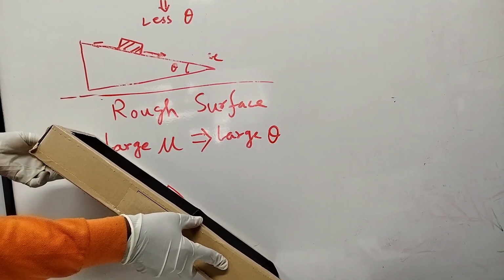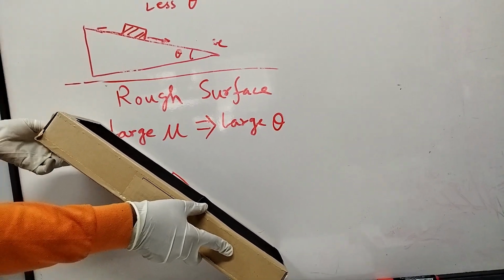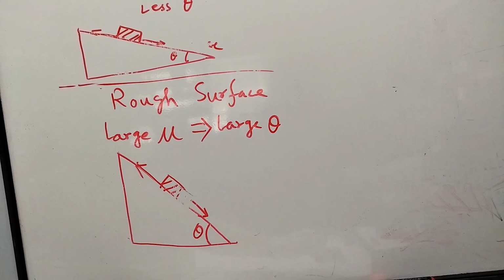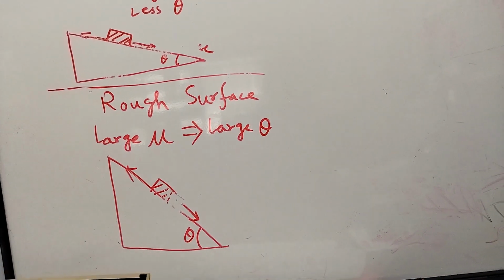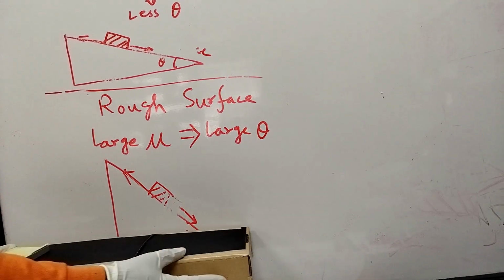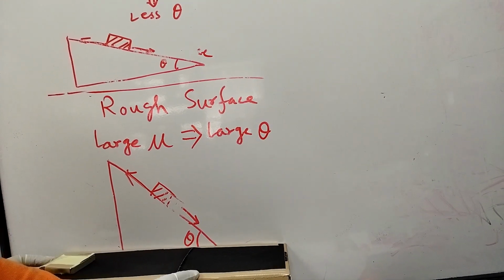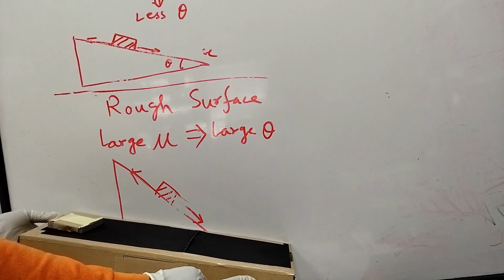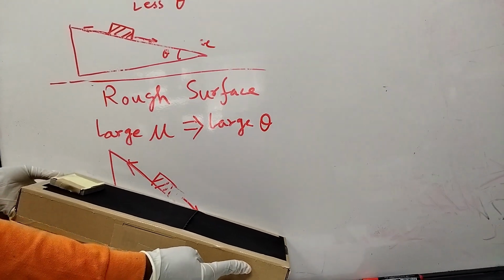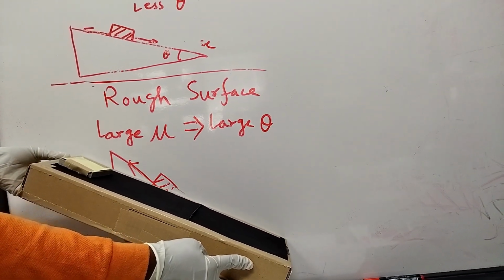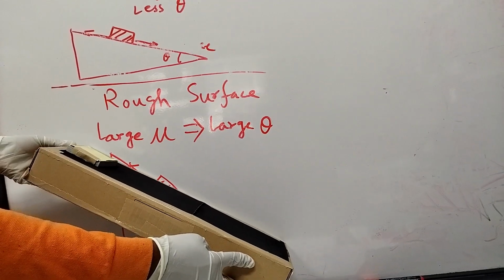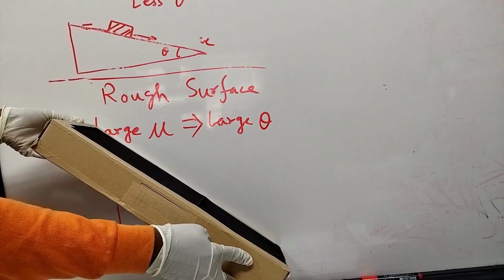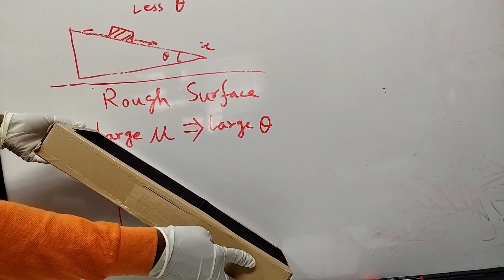Compared to the smooth surface case, here we clearly see the inclined angle is large for the large mu case, the rough surface case. We will repeat it again. See, it took a large inclined angle compared to the first case.